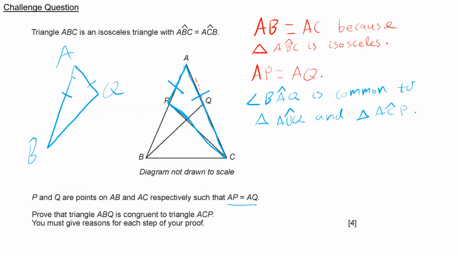And because angle BAC is in common, they also share the angle in between. So they have two sides and the included angle, so they are congruent by SAS. So I can say triangle ABQ is congruent to triangle ACP by SAS.